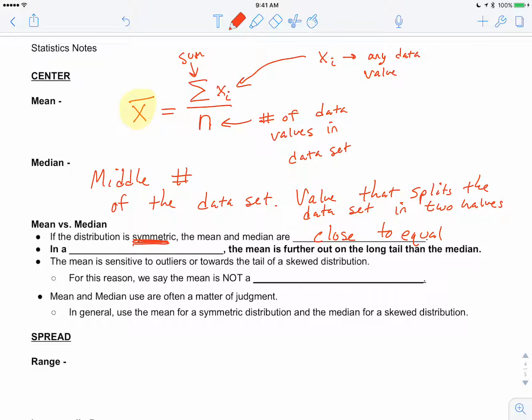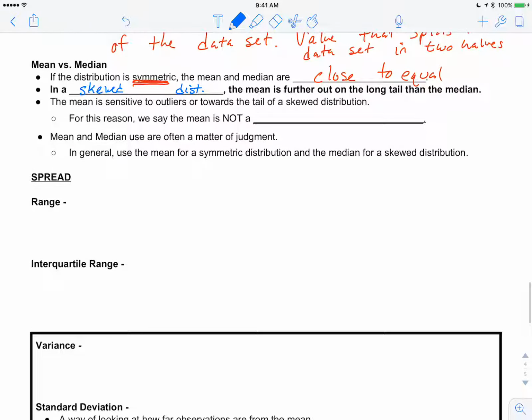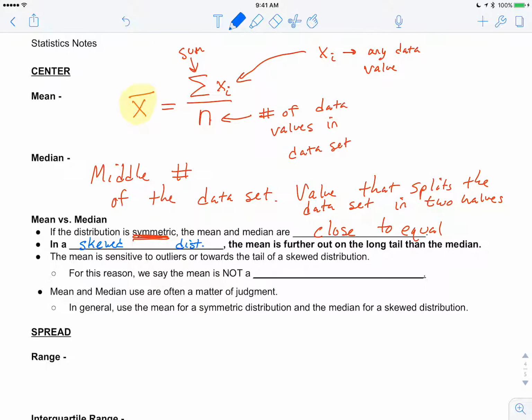In a skewed distribution, however, that's where things change. In a skewed distribution, the mean is further out along the tail than the median. I'll try to visualize this for you with a picture.